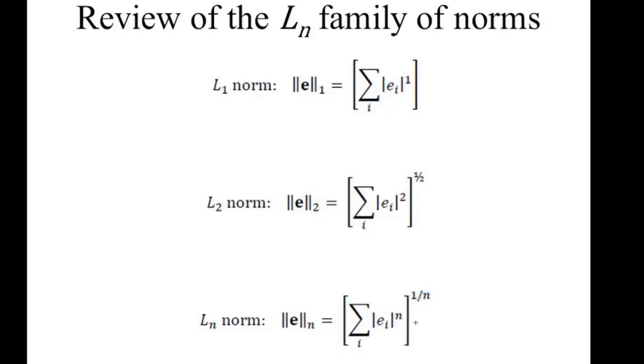Right? Similarly, how do you define L4 now? L4 norm will be element 1 raised to the power 4, element 2 raised to the power 4, and so on, and the whole summation is raised to the power 1 upon 4. I hope it is clear to you how we are applying the vector norm formula on the given vector.